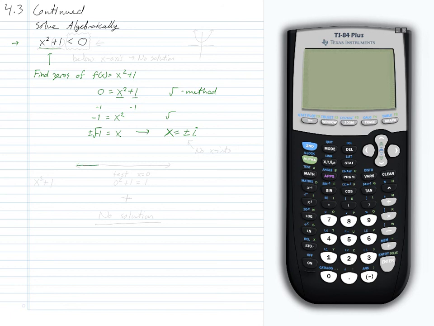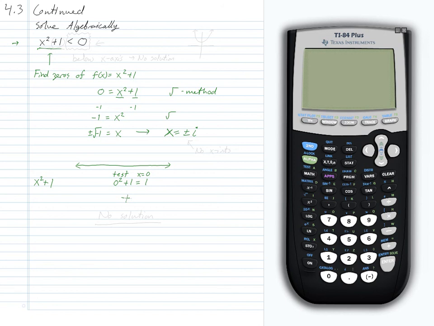So my number line is going to be pretty boring. If I test some value, I need to pick some value in the real numbers. So if I test x equals 0, let's see how that turns out. Well, 0 squared plus 1 is 1, which is positive. So this graph is above the x-axis everywhere, no matter what x we plug in.